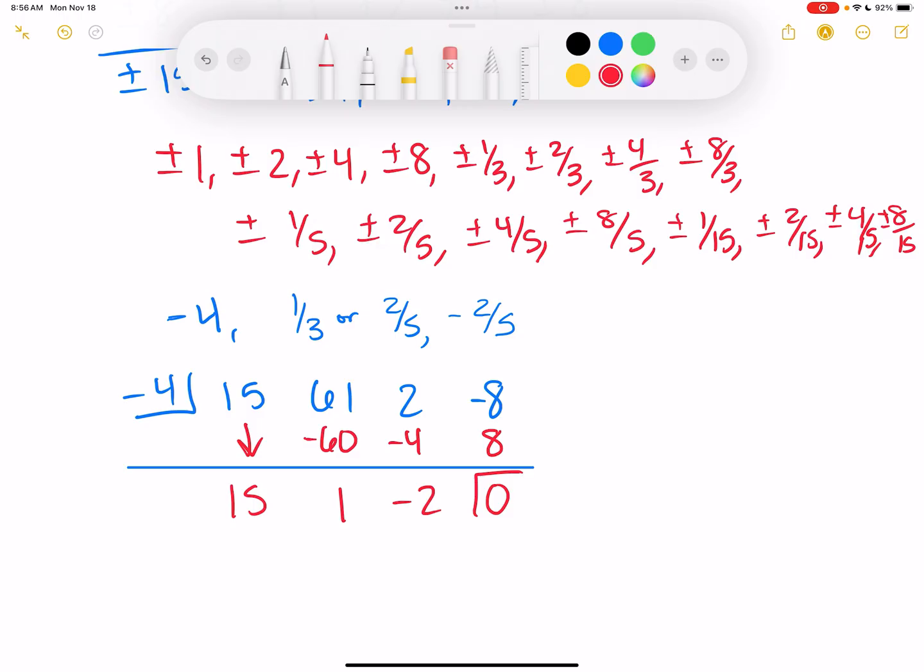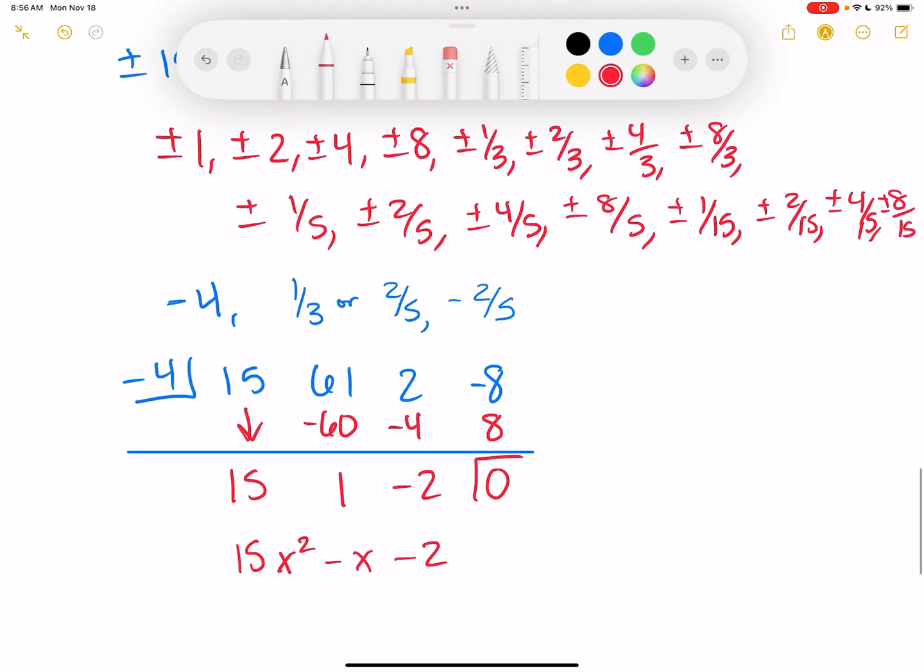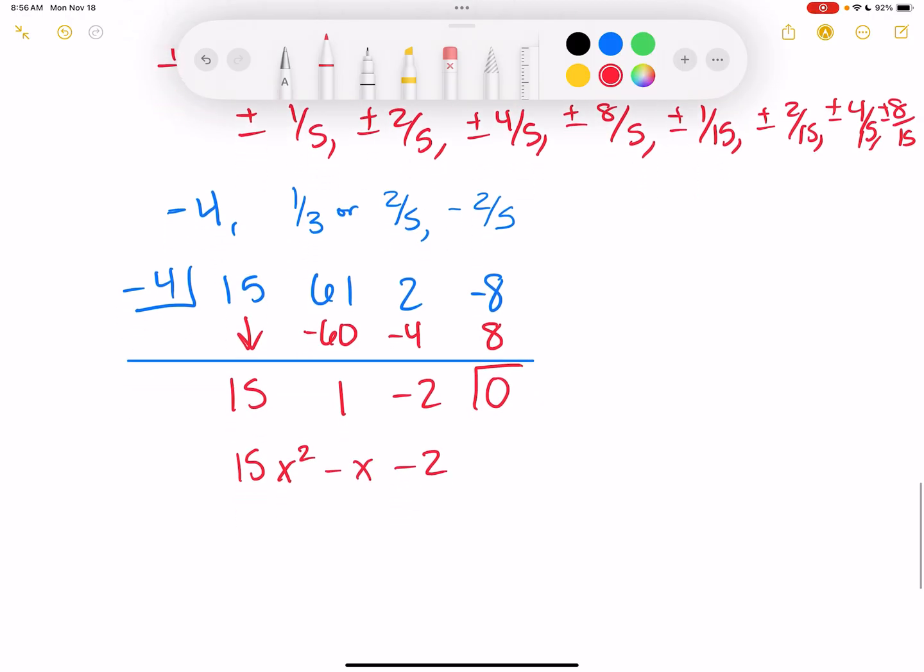So I'm left with currently 15x squared minus x minus 2. Now at this point, we could just factor this, which is going to be the easiest since we're not sure about those. So what would this factor into? I need factors of negative 30 that equal negative 1 when added together. Negative 6 and 5.